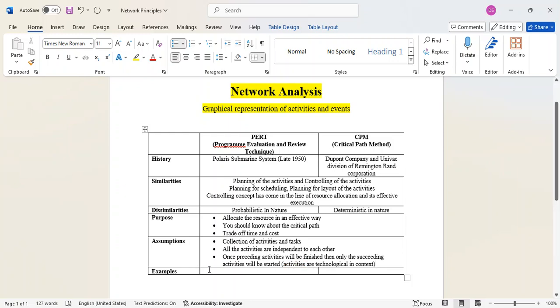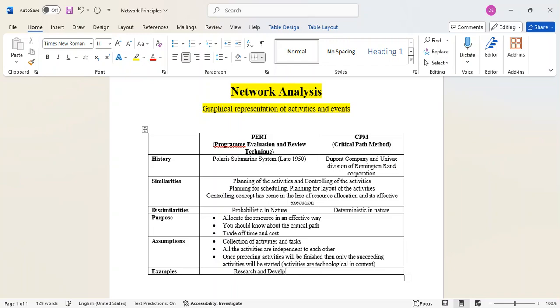Okay. If everything is understood properly, then the next question is what the right examples are in these directions. Every exam, if you appear, will have four choices. This is the common pattern of the exam. And PERT is always used in research and development.